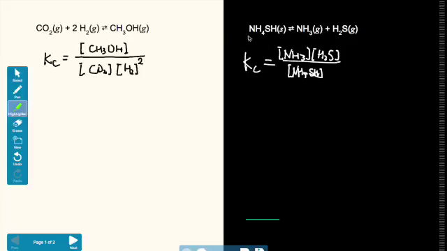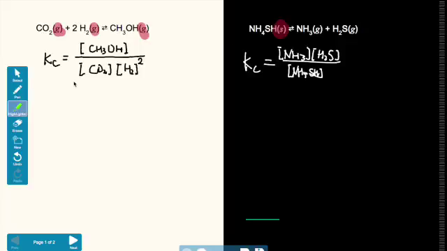However, there's a difference between these two problems, and that is the phase of the reactant. In the first example, all 3 substances are in the gas phase, and that's why all their concentrations can be included in the equilibrium expression.